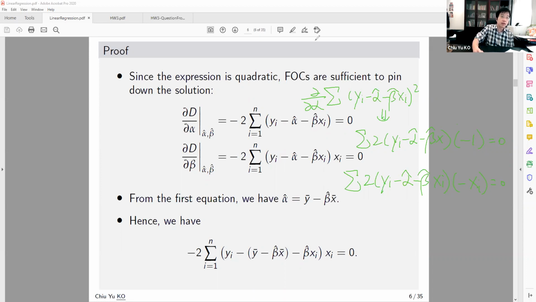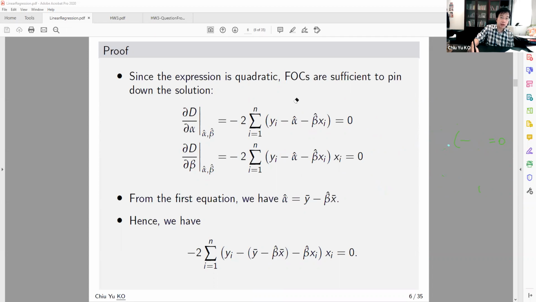But as I said, if you're not comfortable with calculus, you can forget about it, because this just gives you some taste of how this is proved. The important step is that from the first equation, you can prove that the line passes through the center.